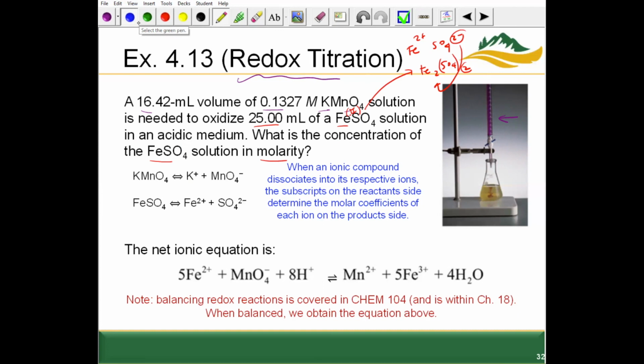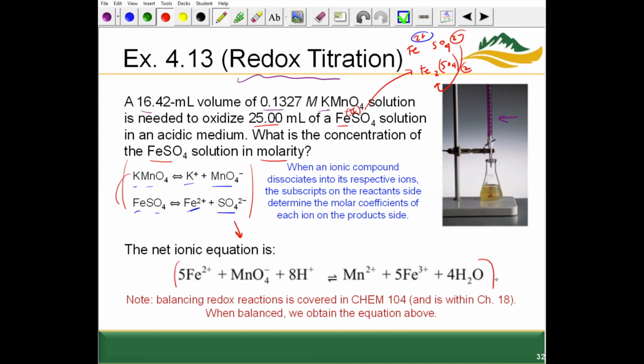For the dissociation of potassium permanganate, it's going to break down into potassium ions and permanganate ions. For iron and sulfate, again, iron 2+, we figured out, and sulfate 2-. For this combination, so redox reaction of our 2 initial reactants, the net ionic equation ends up coming out to this.